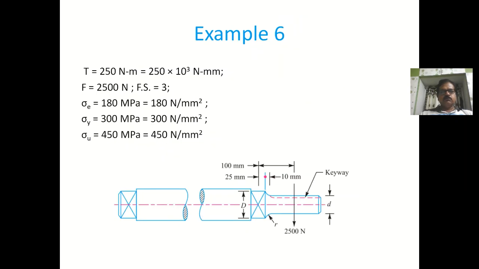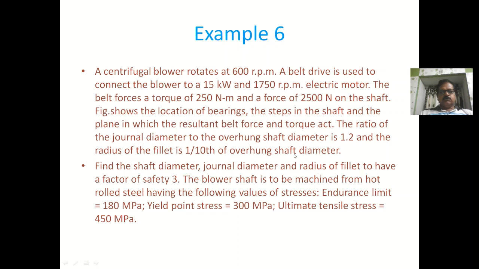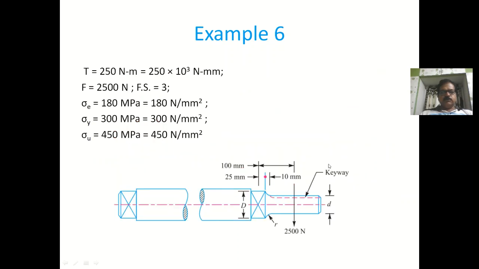Once again we will go through this. Here you have the description of the problem, and this is the shaft, which is supported at the end points as bearings, and the load is applied here at a distance of 100 minus 25, that is 75, and another 70 minus 5, that is 65 mm distance.